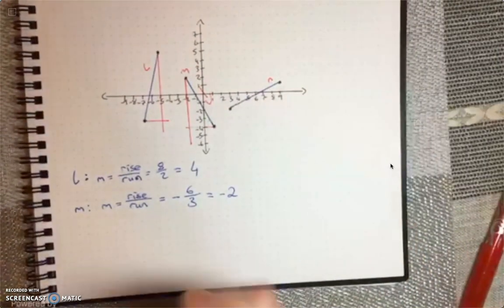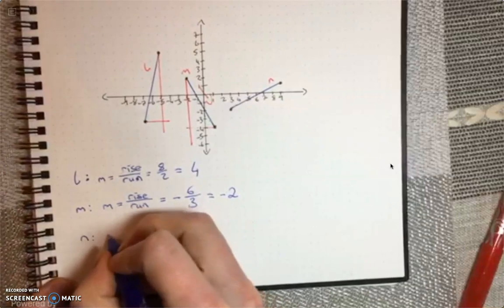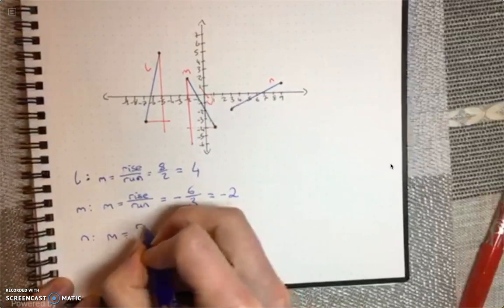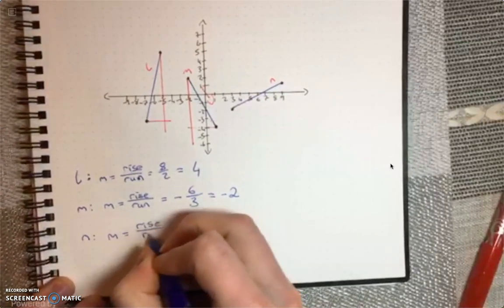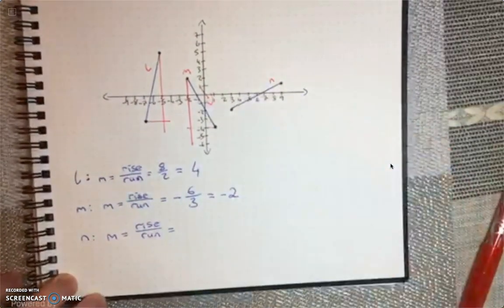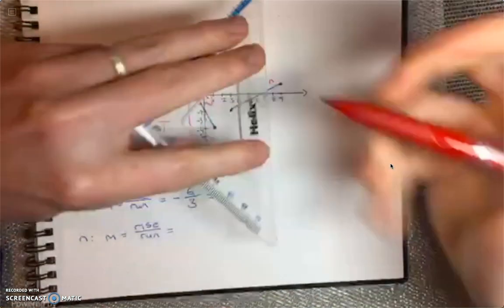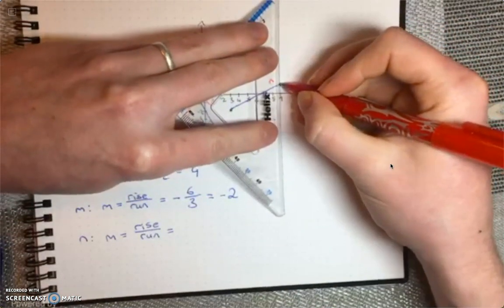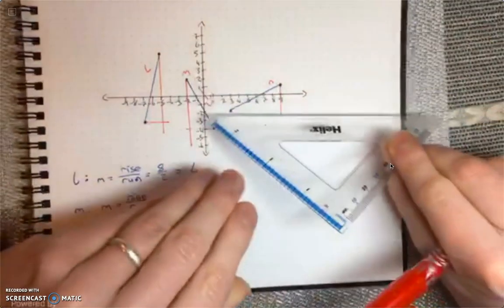And the last one then, the line N, so my slope is rise over run, and this one's a positive because it's going up the way. So I draw a line vertically and I draw a line horizontally.